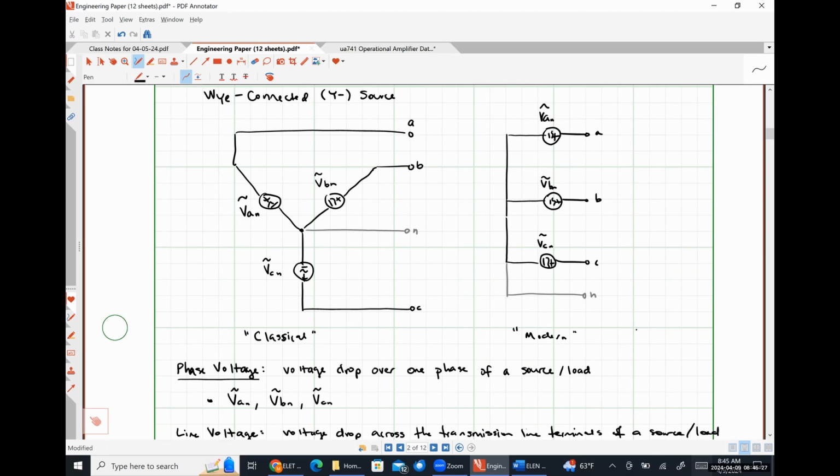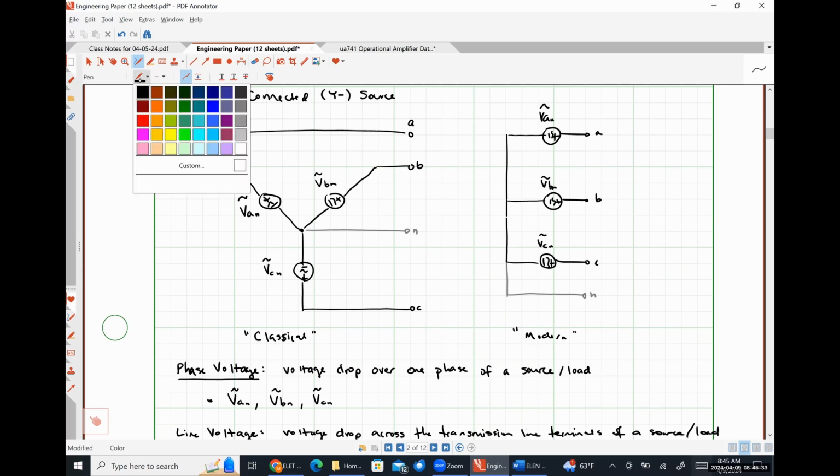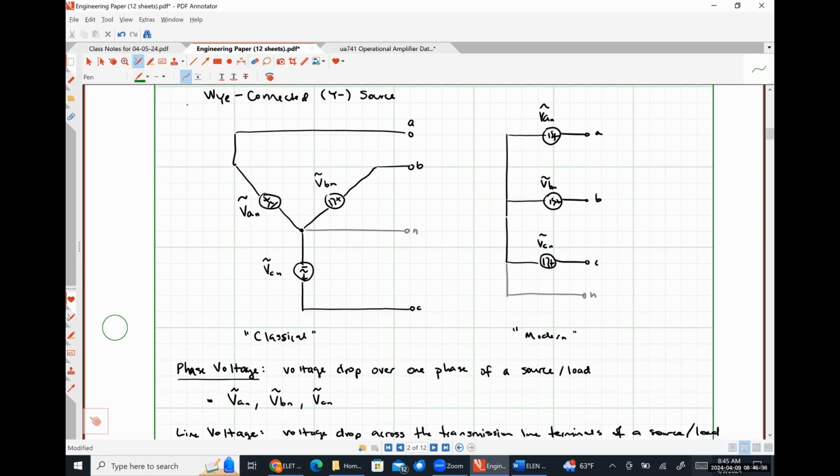So we define these in a particular order. I'm going to label these in green, and I'm going to try to be consistent with my colors throughout. Okay? So here's my transmission line terminal A. Here's my transmission line terminal B. So I will have a line voltage VAB, like so. Whenever I measure the difference in potential between my transmission line terminals, that's what's giving me my line voltages.